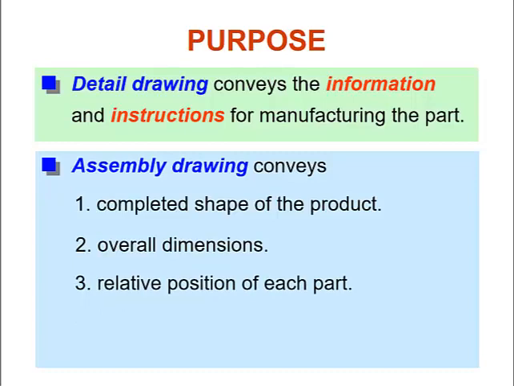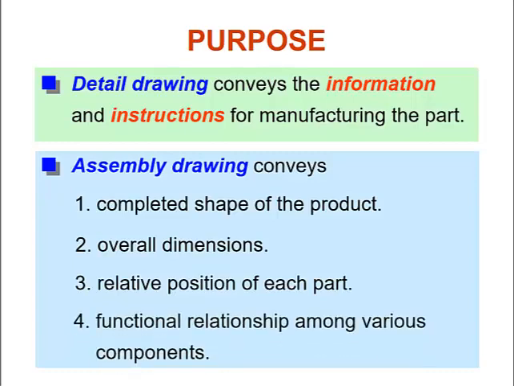If you have too many parts, too many components, you have to know which ones relate to each other. And the last one is the functional relationships among various components. Sometimes parts have to be fixed, sometimes they can move along a line, along a rod. That's the functional relation.